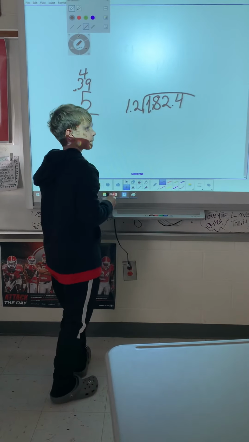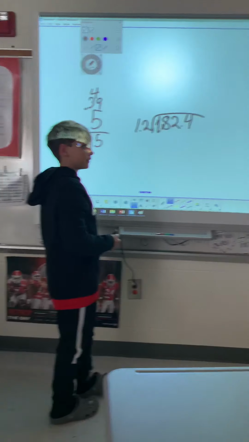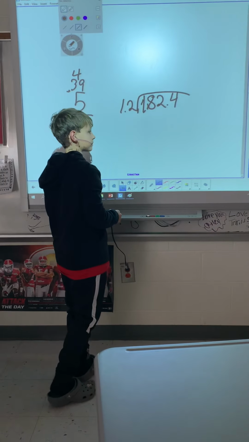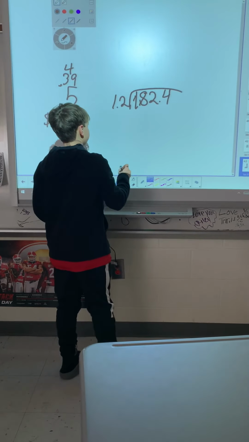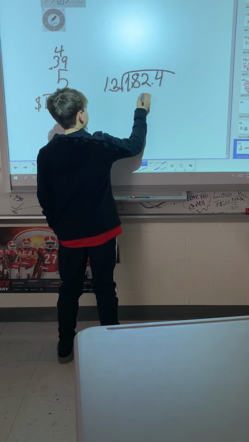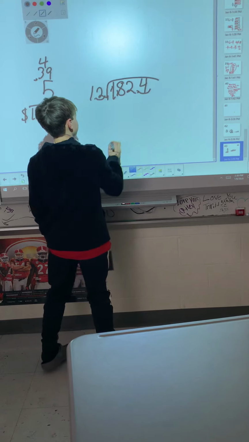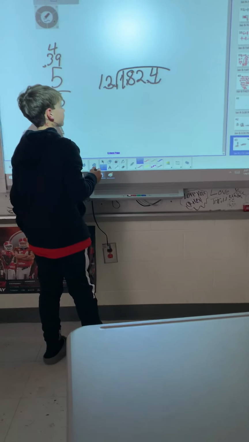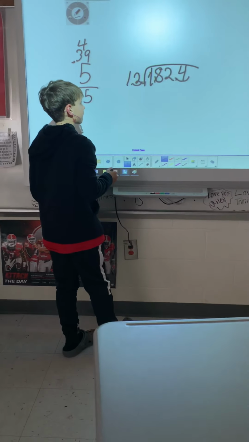And again, we know that we can't have a decimal in the divisor. So we need to multiply by a power of 10. We're going to multiply 1 and 2/10 times 10 so that we can move that decimal over and make that 12. But if I move it there, I also have to multiply my dividend by 10 as well. So now that changes the whole problem. Now it's 1,824 divided by 12.